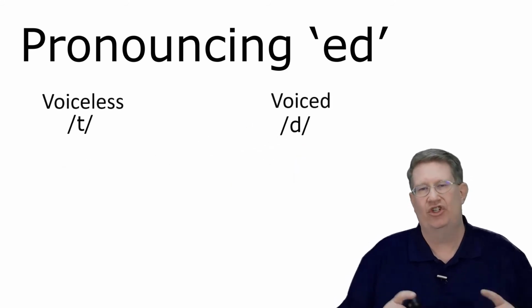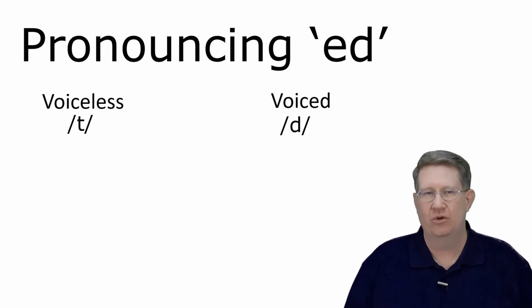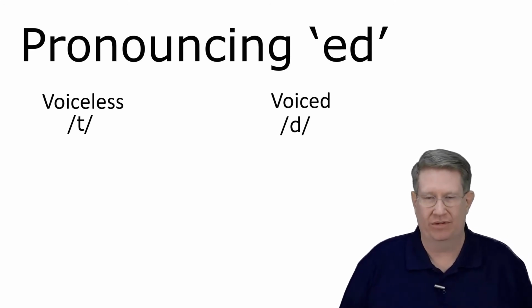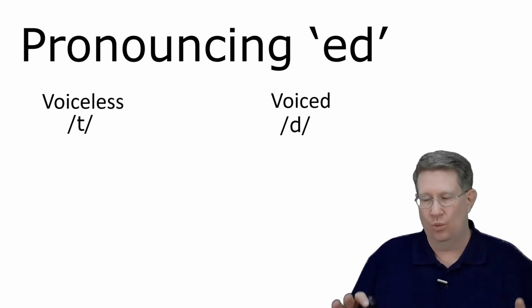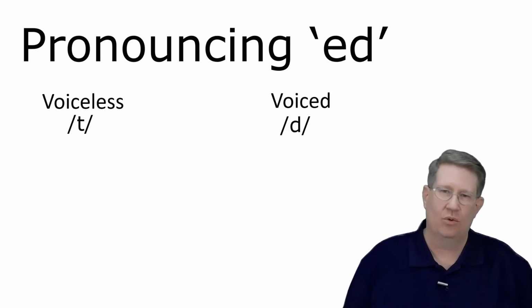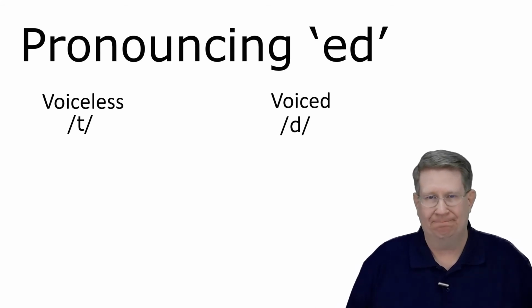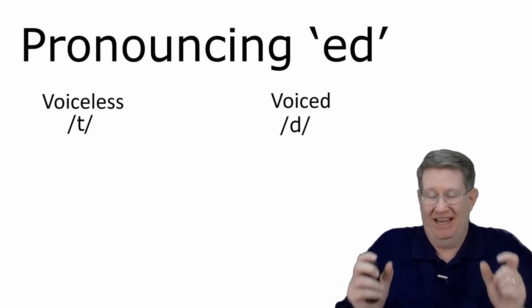So let's start just by looking at these two sounds. T is voiceless. I'm not using my voice. D is voiced. I am using my voice. If you're not sure what I'm talking about when I say that, please go watch my video on consonants. Okay. That's all explained. So t and d are actually what we call minimal pairs.